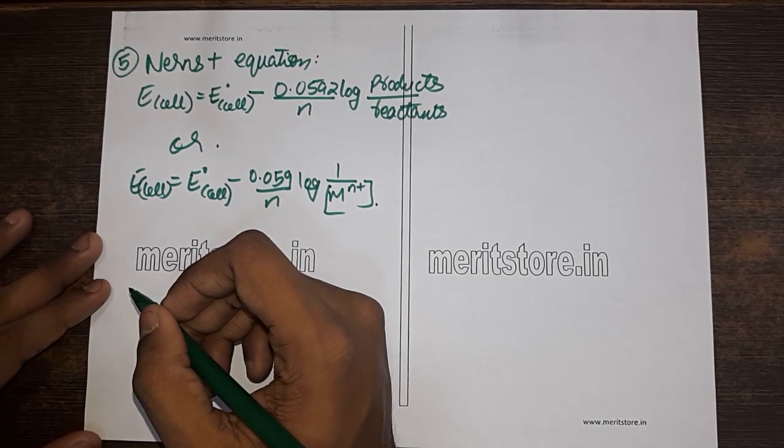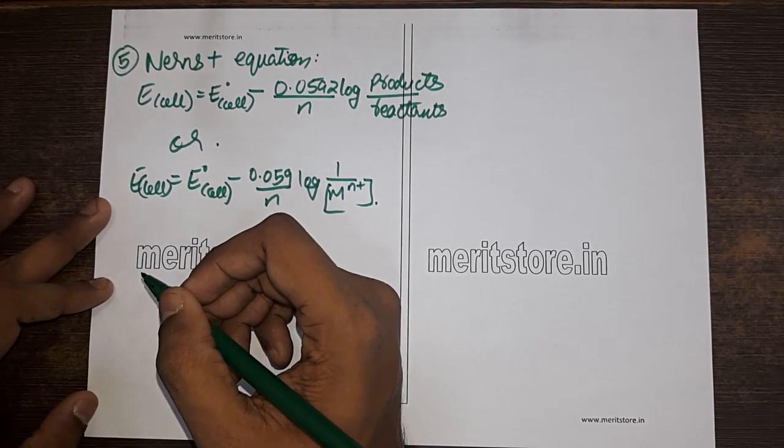Next is the cell potential and Gibbs energy changes for cell reaction.